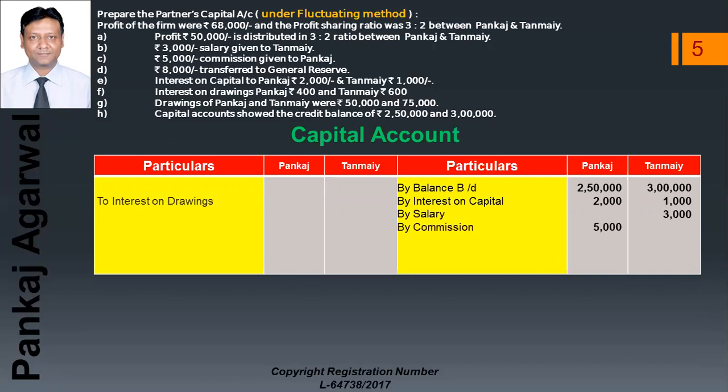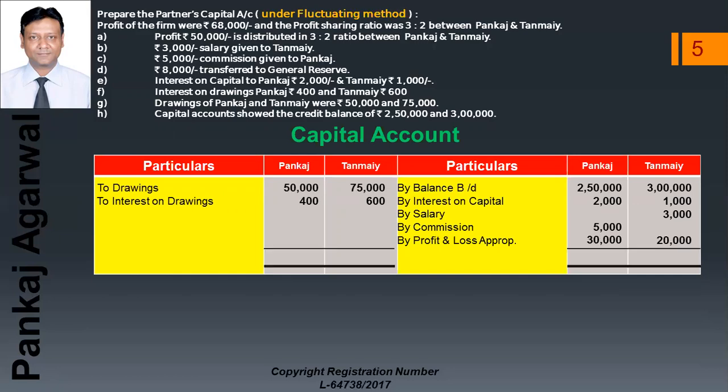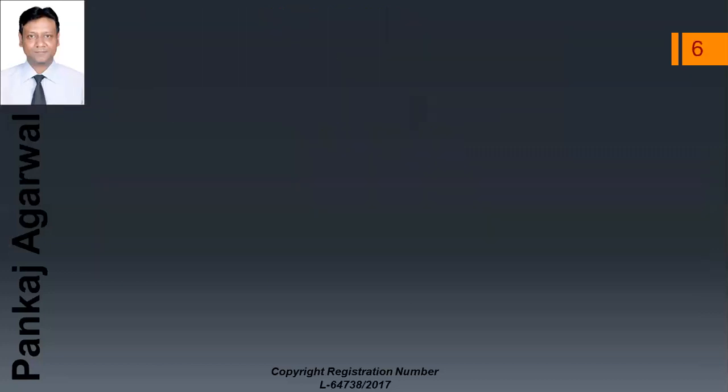Commission, interest on drawings will come, then drawings will come, then P&L appropriation, the distribution of the profit will come. Now we can calculate the closing capitals of the partners to balance CD, and the closing capitals will be 2,36,600 for Pankaj and 2,48,400 for Tanmay. So this is the way to prepare the capital accounts under the fluctuating method and the fixed method.